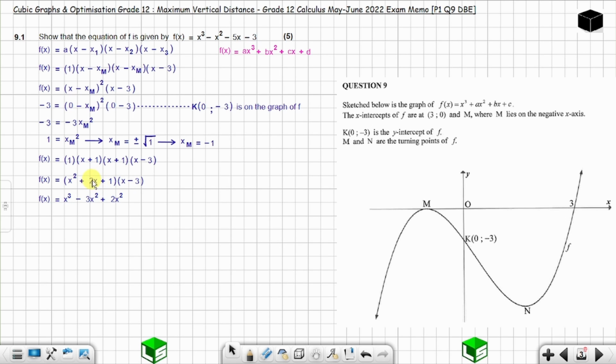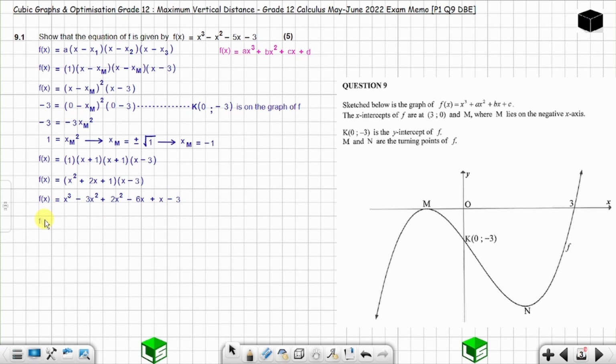And then 2x times negative 3, which is negative 6x. We are done with 2x. Now you can take 1. You have 1 times x, so plus x. And then 1 times negative 3, which is negative 3.